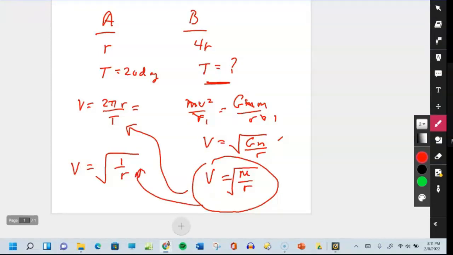Huh. Let me see. So the answer is 160? Periods, velocities. I'll have to pull up the solutions. That's so interesting. Let me take a second look.